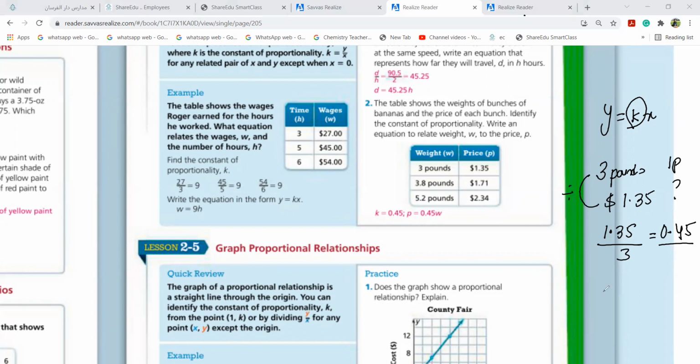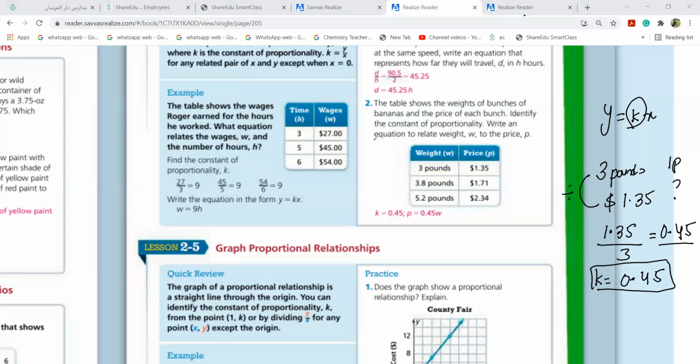Okay, now 0.45 is nothing but the value of k. So you'll write k equals 0.45. This is the constant. Whatever you get with 1 is nothing but the proportionality constant. That is not going to change. Every time I'm multiplying with 0.45 and I get it.